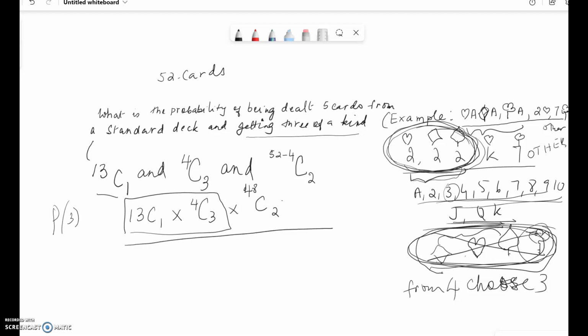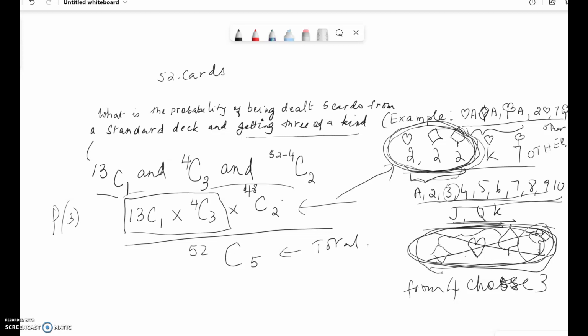Probability is a ratio. We divide by the total number of hands possible, right? Out of 52, we choose a 5-card hand. These are the total number of possibilities, out of which this will be the number that will contain the 3 of a kind. Okay, so just enter these numbers into your calculator, and that will give you the probability of picking 3 of a kind.